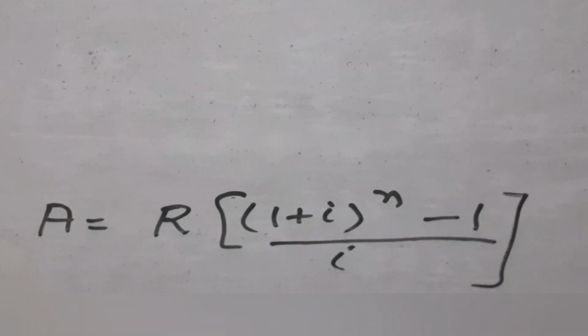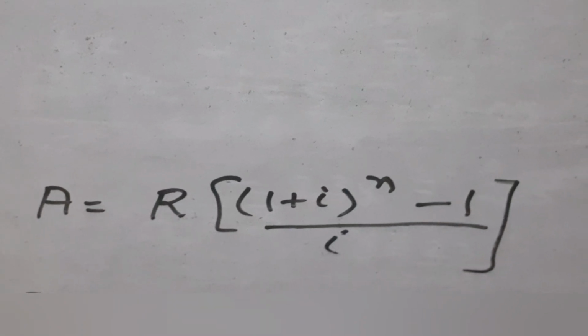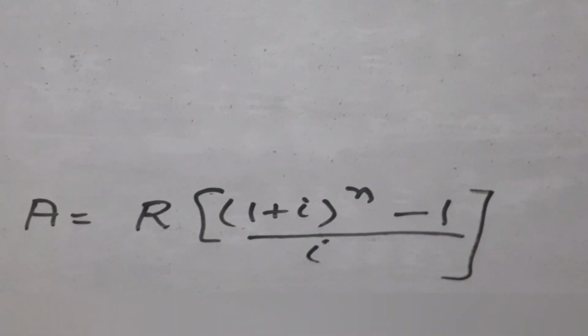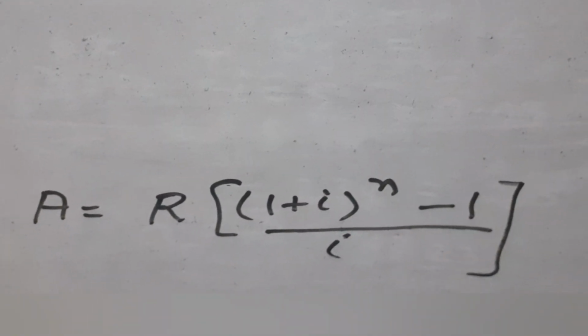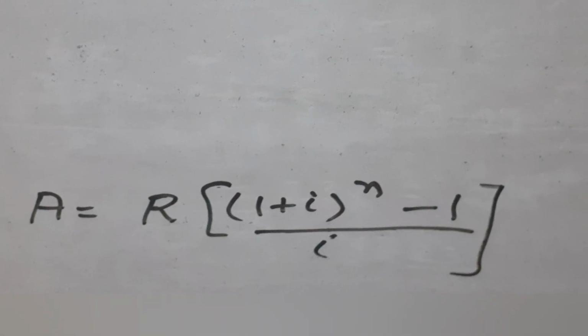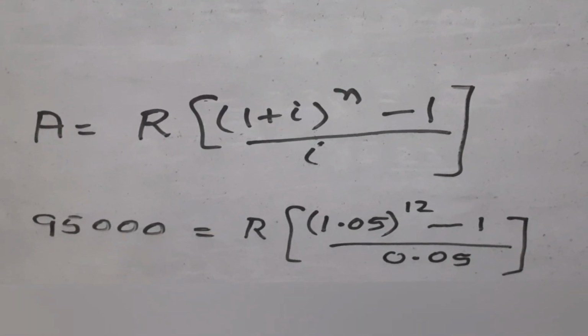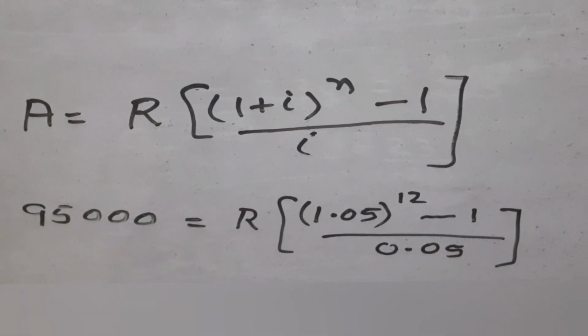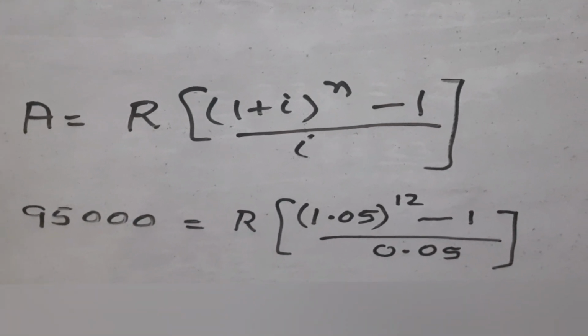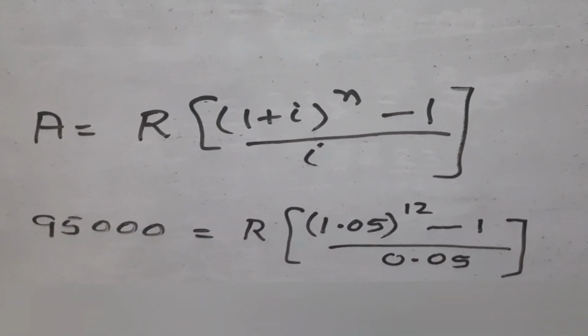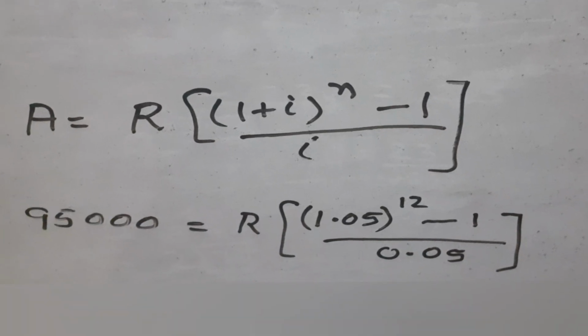Substitute these values into the formula for A and rearrange and solve for R. The numerator, we can use the given value for 1.05 power 12.